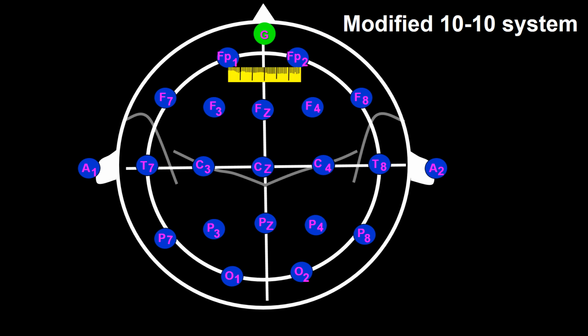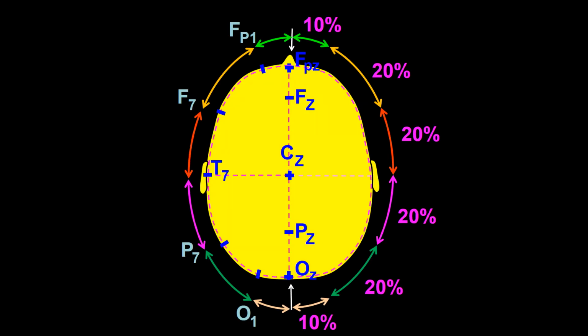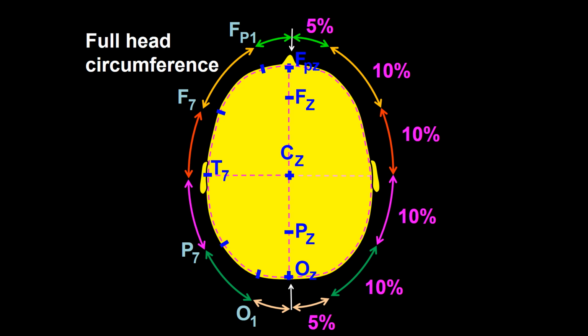The distance between these two electrodes can easily be calculated by going back to one of our initial figures. When considering half of the head circumference for calculation, the distance between FPC and FP1 is 10%. But if we consider the full head, the distance between FPC and FP1 is 5%.